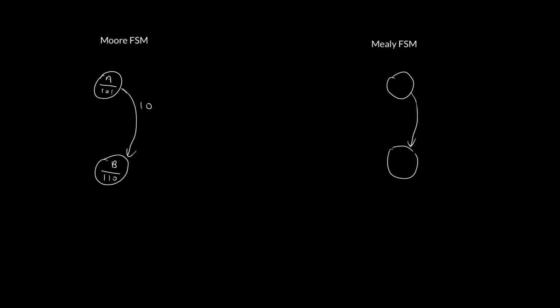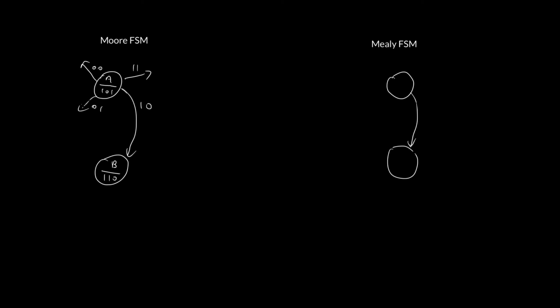I need to explain what to do for all the other possible inputs. So I'll have another transition here if the inputs are 0, 0, another one here if the input is 0, 1, and another one here if the input is a 1, 1. And this is true for all my states. Clearly, this is not a complete diagram.